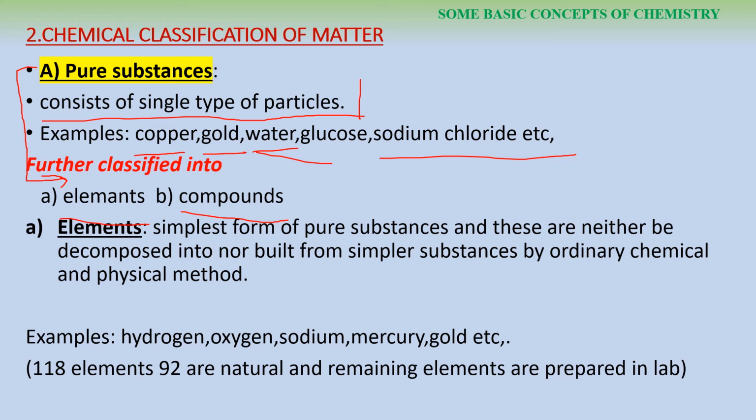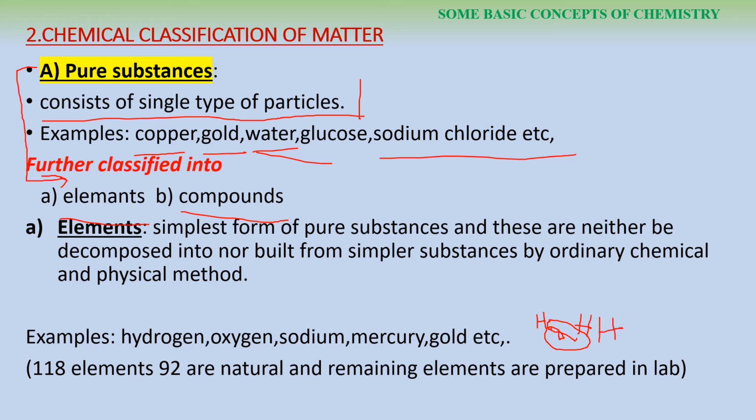For example, if you take hydrogen, how will we write it? Hydrogen never exists in a free state, so we will write it as H2. Okay, so in H2 both are hydrogen only, same kind of particles.